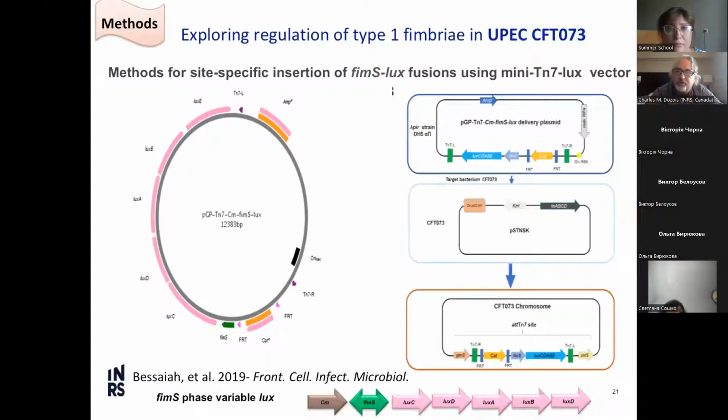And then when we do the transposon bank, if we get a decrease in light, we can take those clones and also see if we have a change in the phenotype of our actual fimbriae to confirm that it's really a downregulation or an upregulation of expression of these fimbriae.